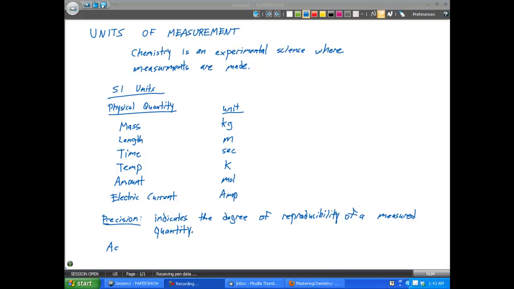The next term we want to define is accuracy. Accuracy provides a measure of how close the measured value is to the true value.